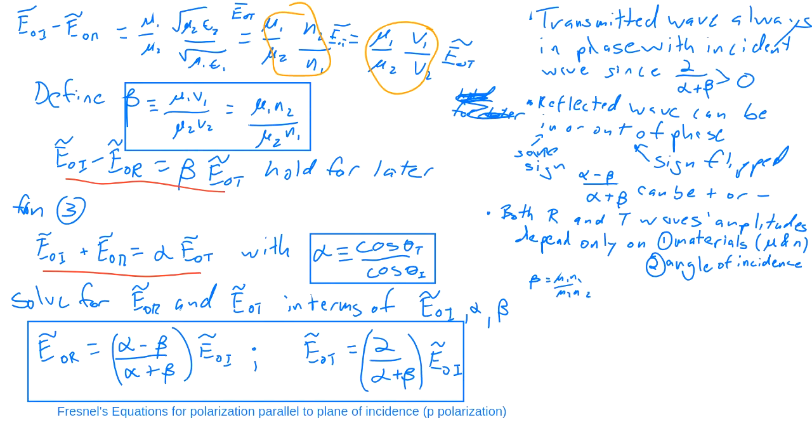Cool, that's the materials. Let's look at alpha. Alpha equals cosine of this angle, and then cosine of the angle of incidence. So let's take a look at that cosine of the angle of transmission. I can rewrite the cosine as the square root of 1 minus sine squared.